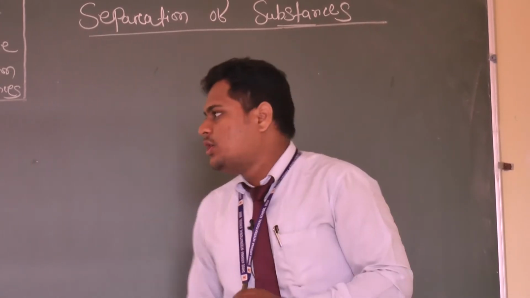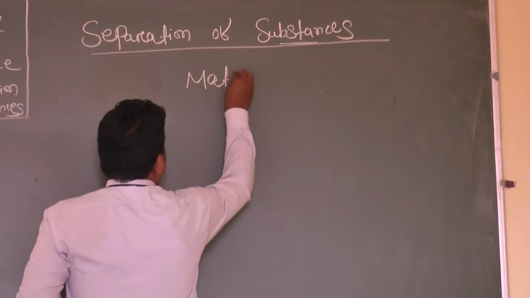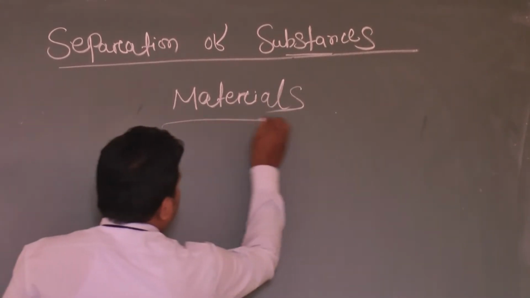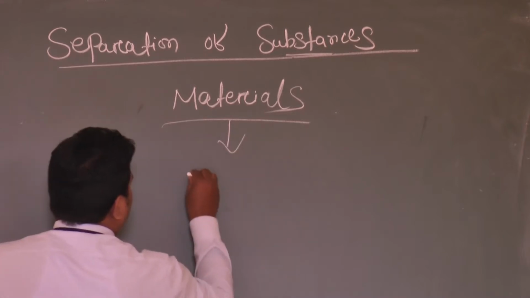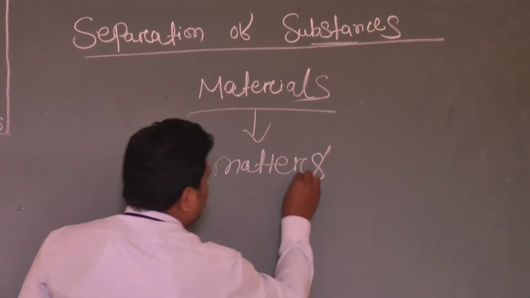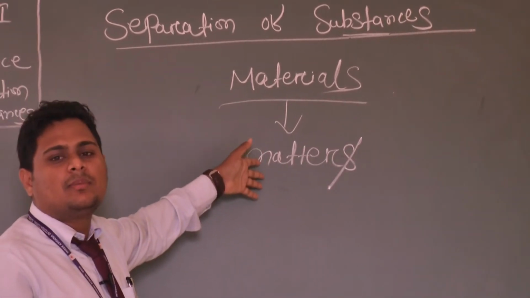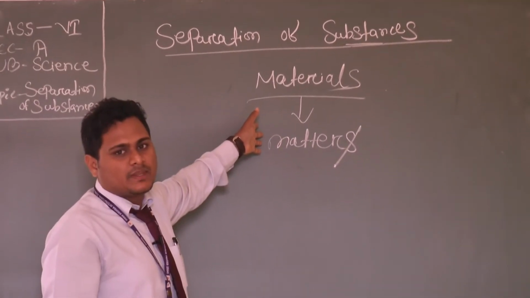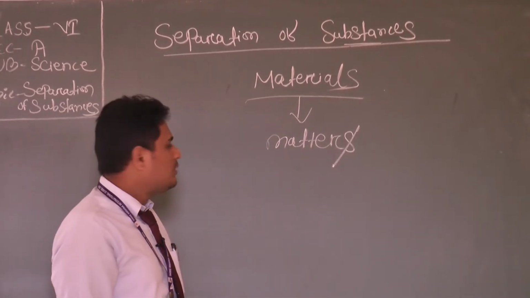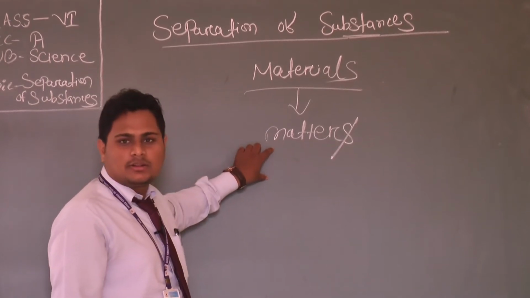Now remember, these substances, known as materials, are made of matter. These things, materials and matter, you have already read in standard 5, in the chapter on molecules. So materials are made up of matter.